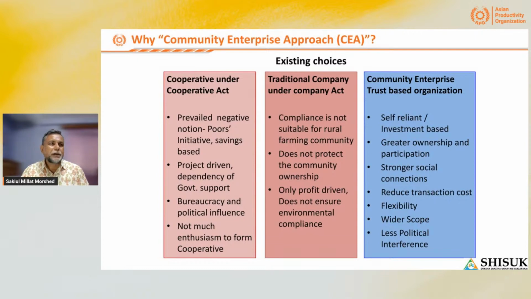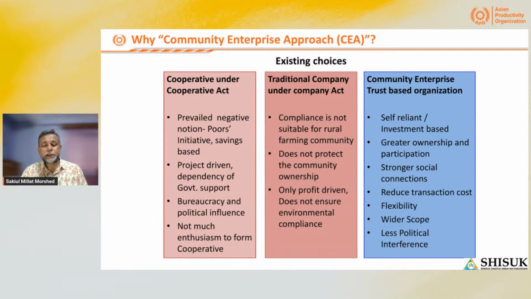In a company formation, shares can be transferred to anyone, and anybody can buy the shares and dominate the whole, which can disrupt community ownership. The corporate approach is also focused on profit-making interests, which doesn't ensure the environmental compliance and social issues of the community.